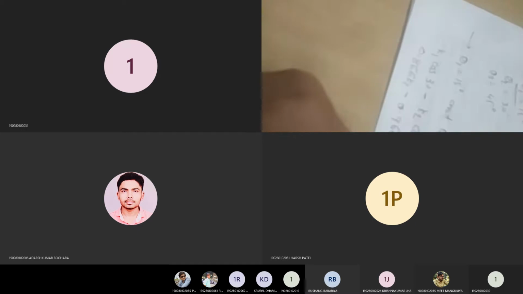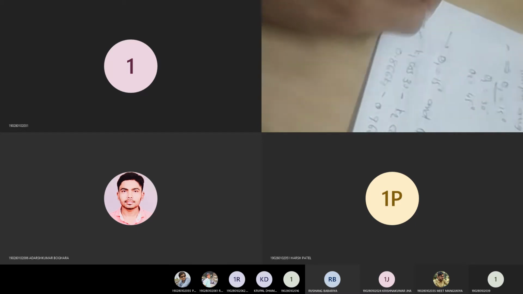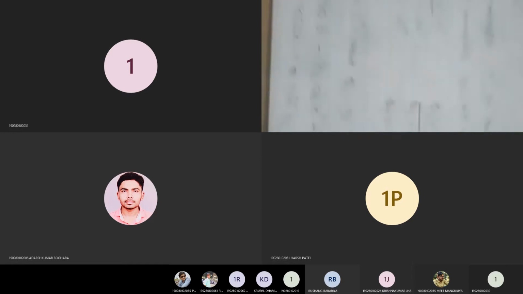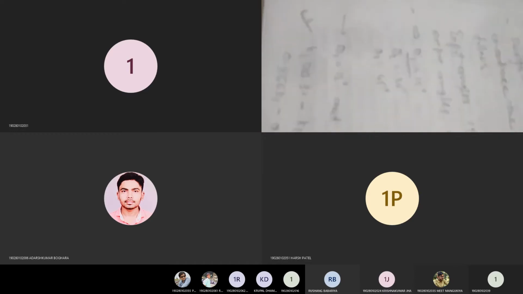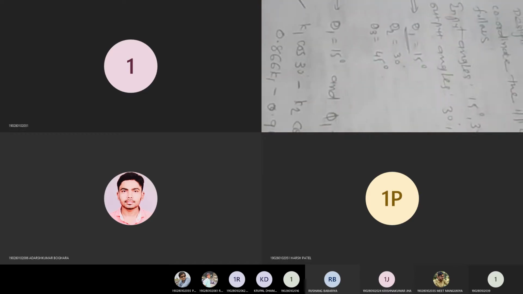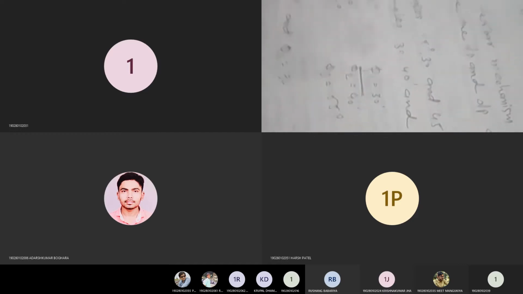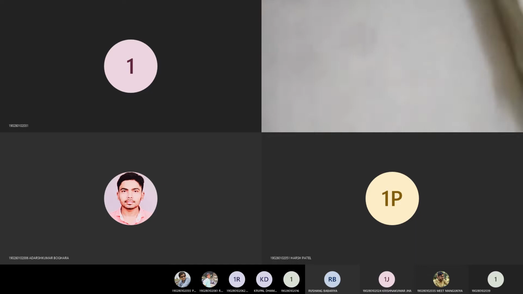This is my equation 1. Okay. Remember this equation. We use the same equation for all three values, that is theta 1, theta 2, theta 3, phi 1, phi 2 and phi 3.